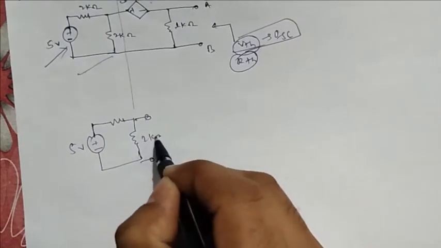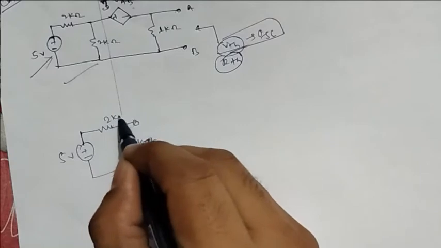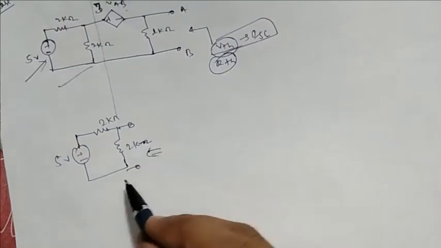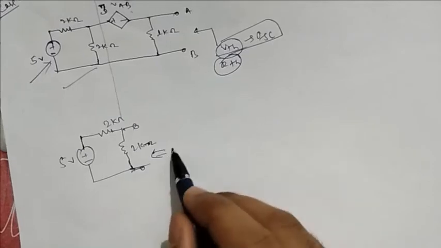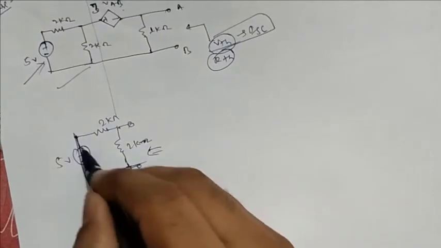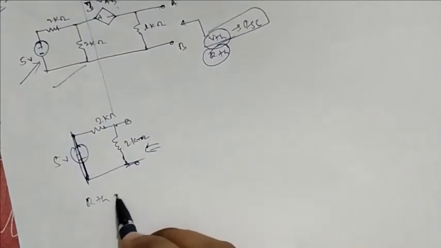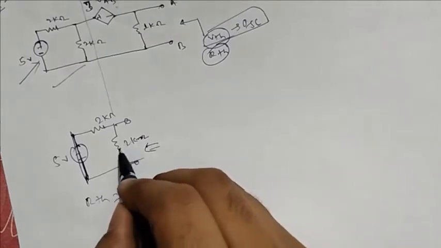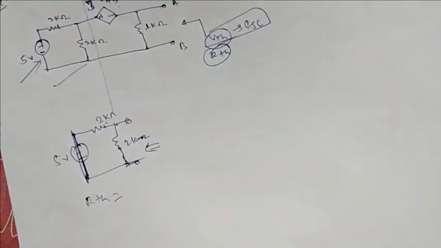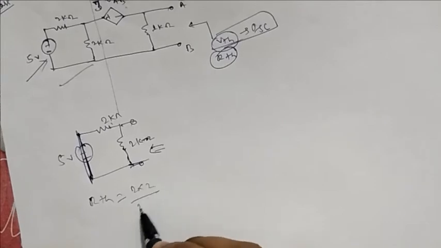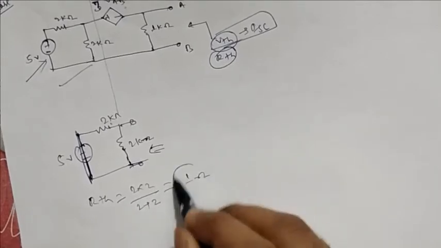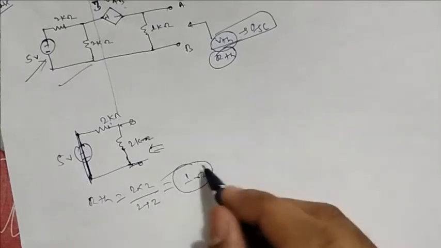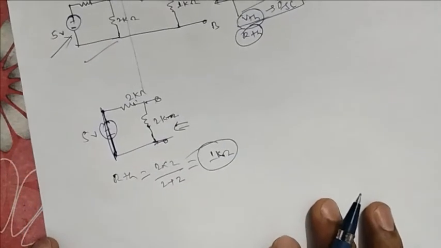This is your 2 kilo ohm and this is your 2 kilo ohm. This is just an independent source, so easily we can find it by short circuiting this one. The RThevenin will be this one, 2 and 2 are in parallel, so 2 into 2 by 2 plus 2, so it is 1 kilo ohm. So RThevenin we got it.